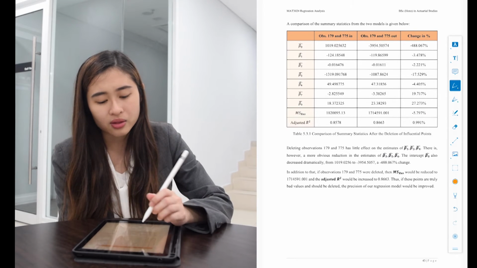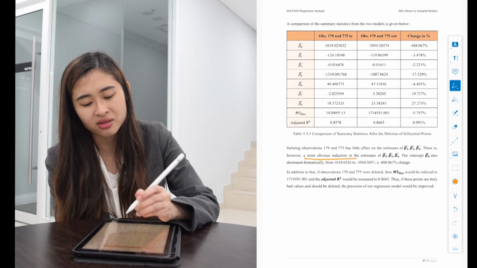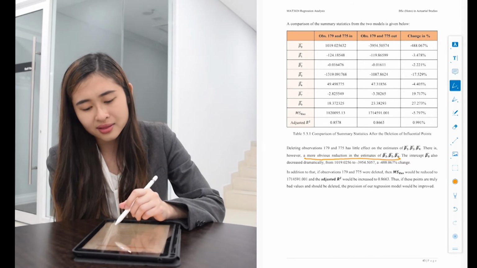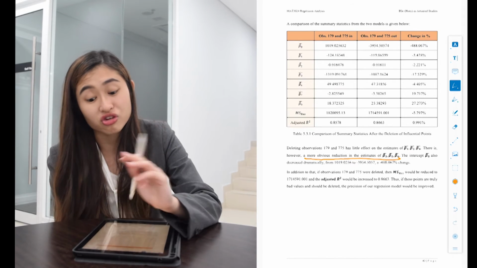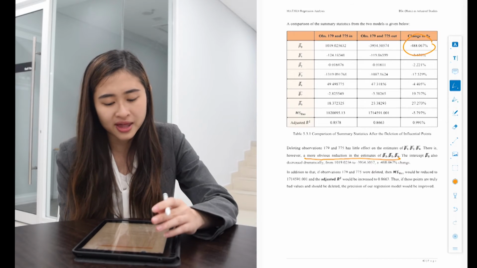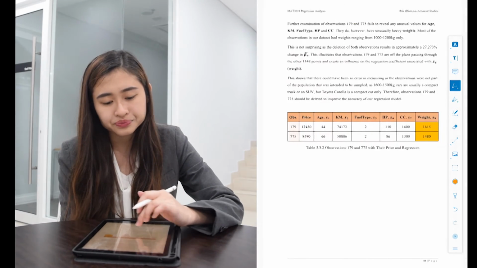And we realize that when we remove them, there's an extremely obvious reduction in the estimates of beta 3, beta 5, and beta 6, and the intercept changed drastically, nearly negative 500%. MSRes and adjusted R-square would be improved as well.